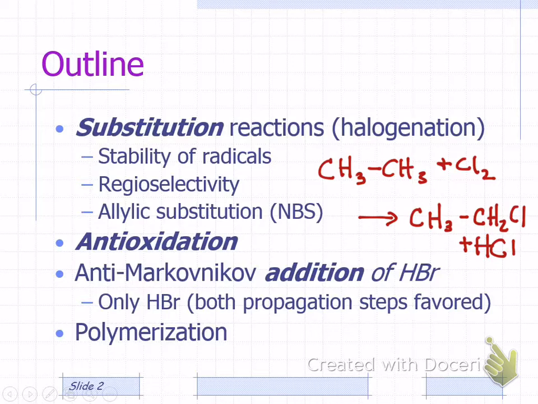Now, we can also do addition reactions. We talked about addition reactions last semester, using peroxide with bromine and getting the anti-Markovnikov addition. What we're going to be doing is talking about how we get the anti-Markovnikov addition of HBr. We'll actually look at the mechanism this semester.